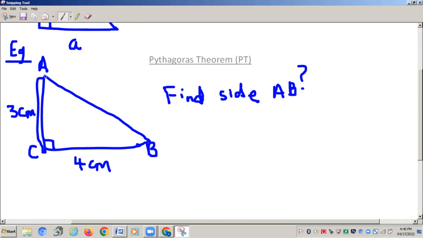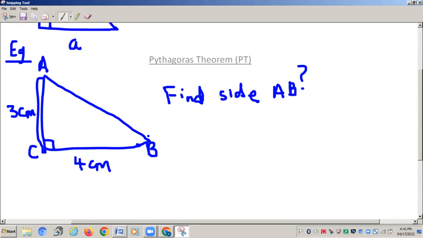And this is a river. Between C and B is a river. C and B are the banks of the river, and somebody needs rescuing, and they're on top of this building on the other side of the river. You can actually use Pythagoras theorem and calculate the exact length of rope you need, or even a ladder. Very practical, trust me.